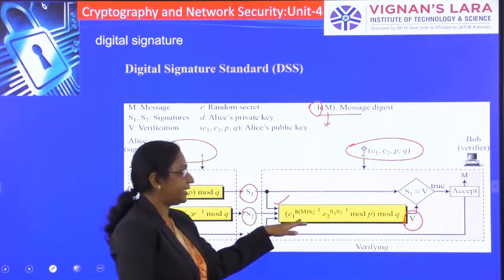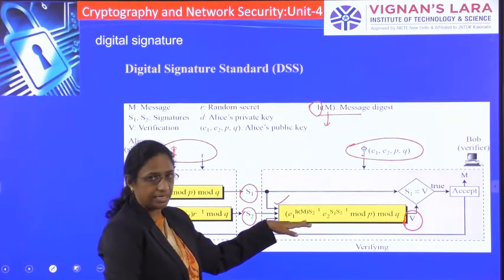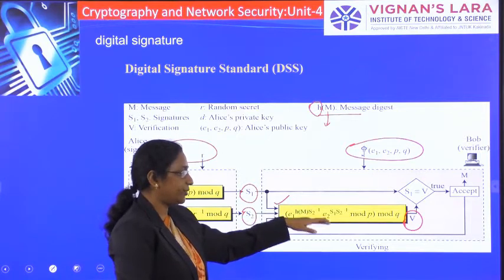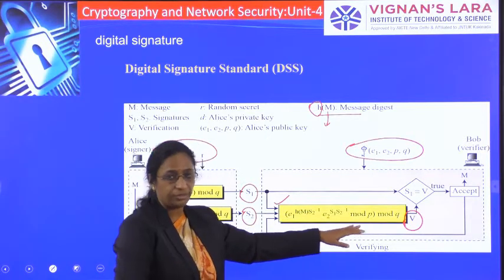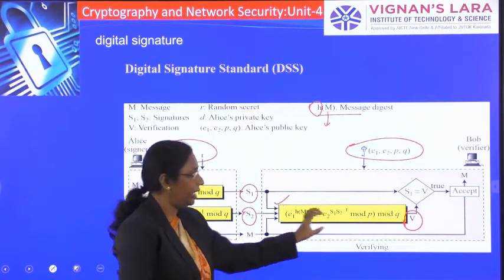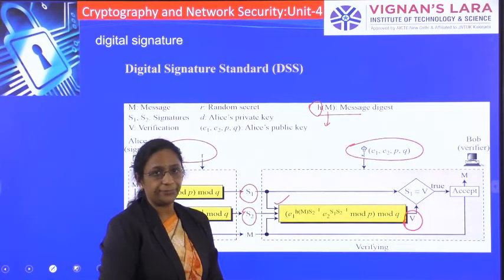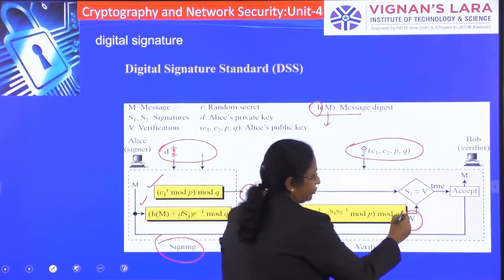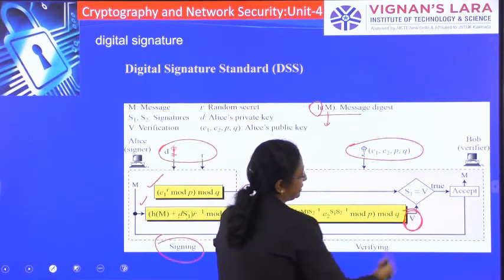After applying the hash algorithm and the S1 value, S2 value, P value, Q value, and after doing some calculations using this function, you will be getting a V value, which is compared with your S1 value.